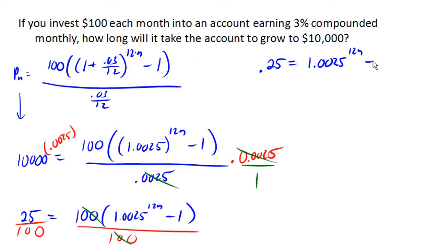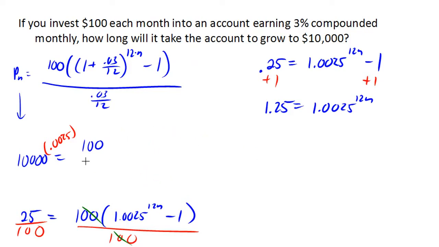Now, again, we're trying to get that exponential by itself here, so let's go ahead and add 1 to both sides. So now I've got 1.25 equals 1.0025^(12n).